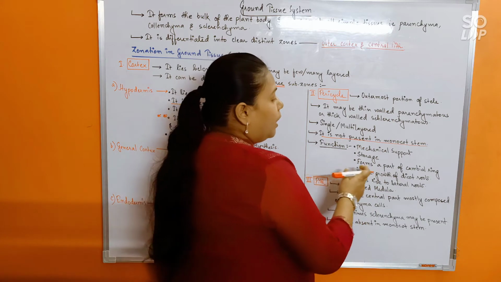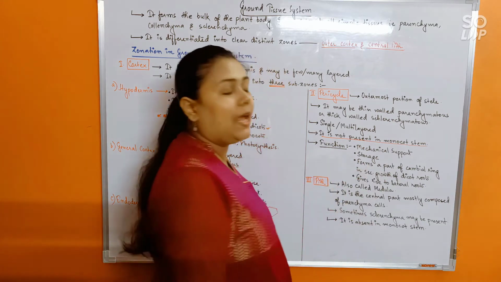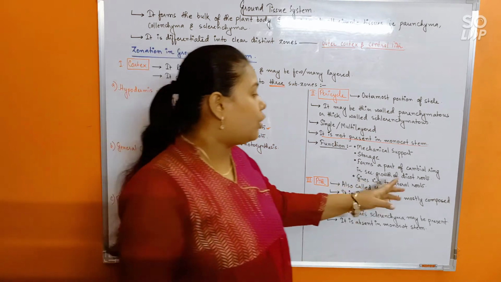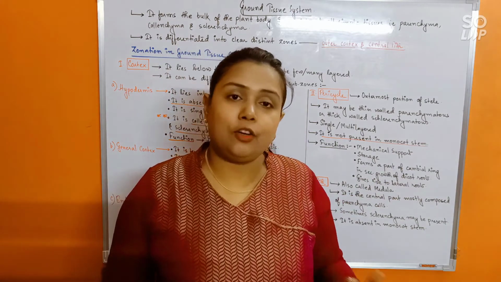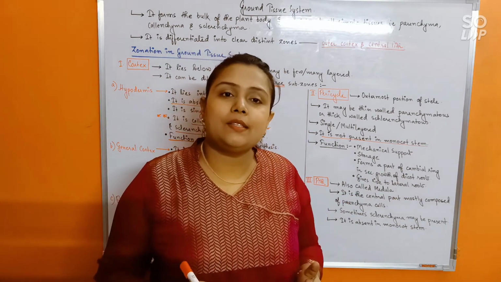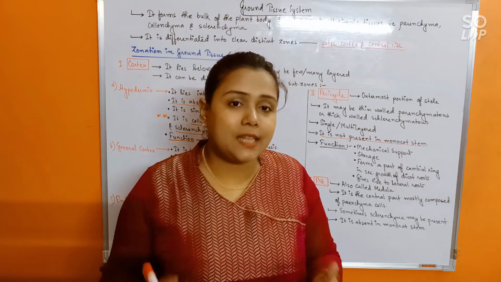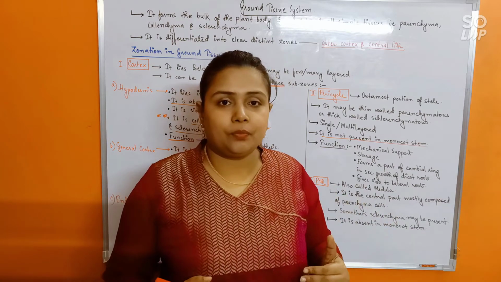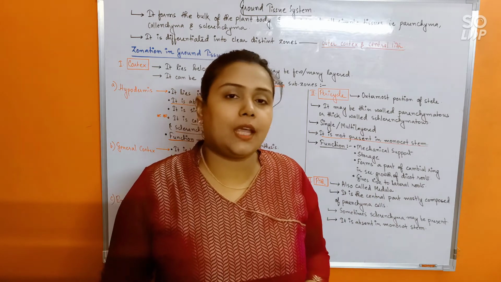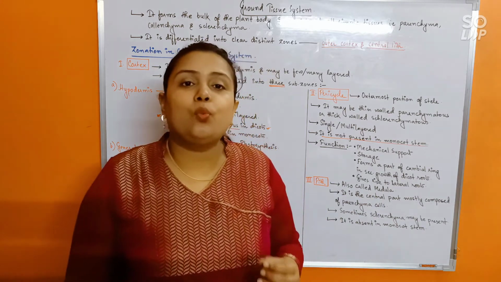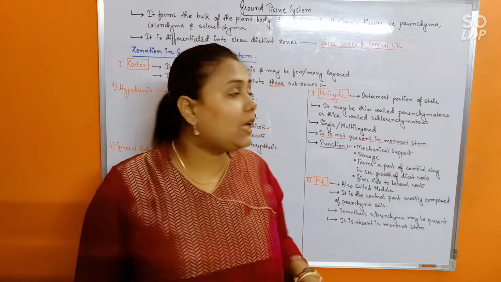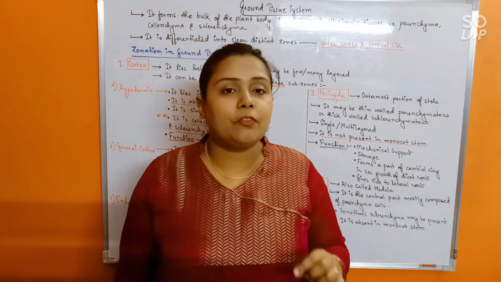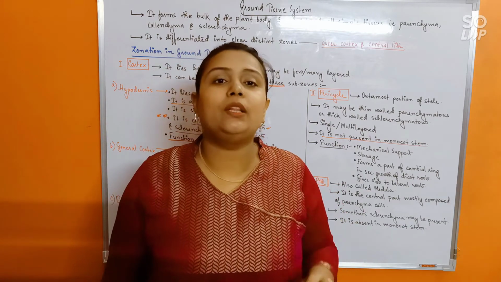Then it will form a part of the cambial ring in secondary growth of dicot root. So when we discuss secondary growth at the end of this chapter, we will be discussing secondary growth in dicot stem and dicot root, because in monocots, secondary growth is absent. When we discuss secondary growth in dicot root, you will see that the pericycle performs a very important role there.